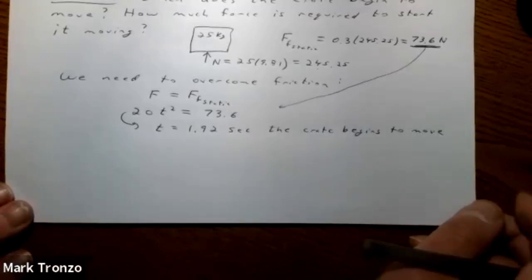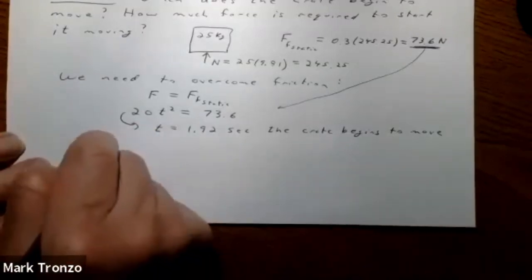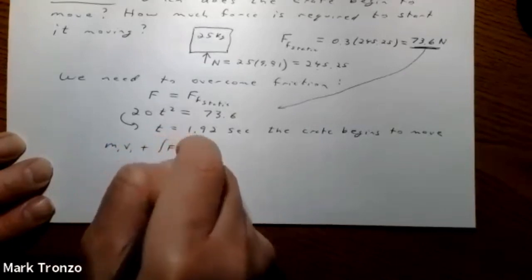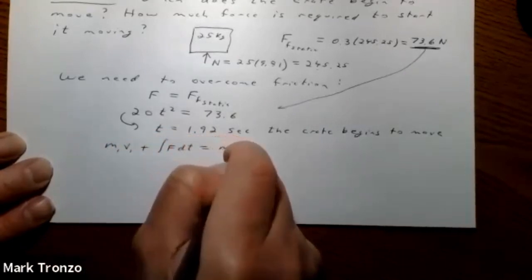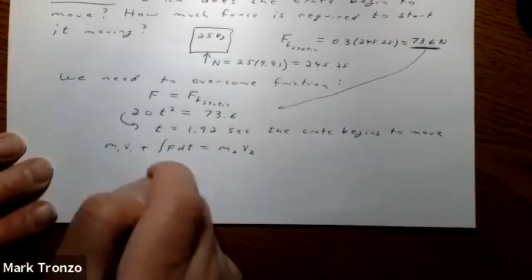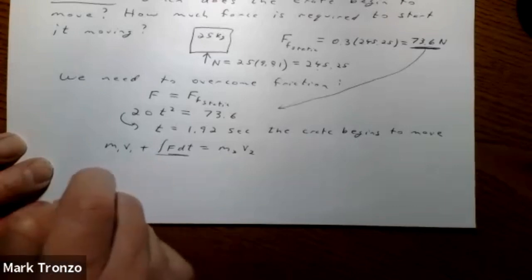Now we're going to use our equation: M1 V1 plus the impulse equals M2 V2. That's what we want to use, and we're going to have to find out what this term right here is. So let's find that.